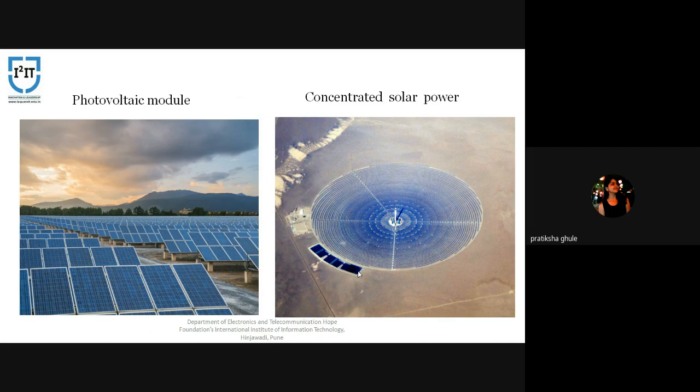And the second is the concentrated solar power. Here we can see that. In concentrated solar power, it's basically tube shaped panels or tube shaped objects which absorb the sunlight and the heat, and convert it into electricity.